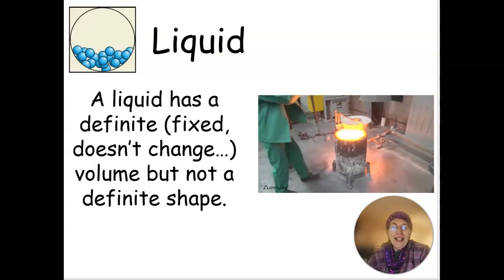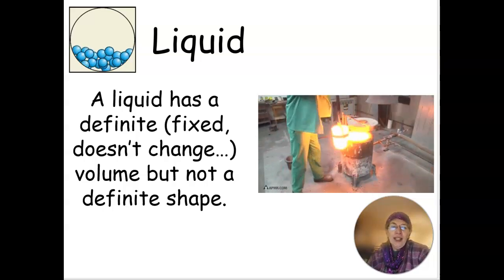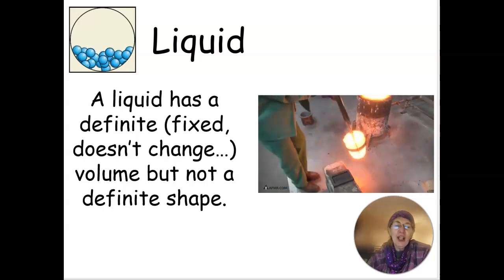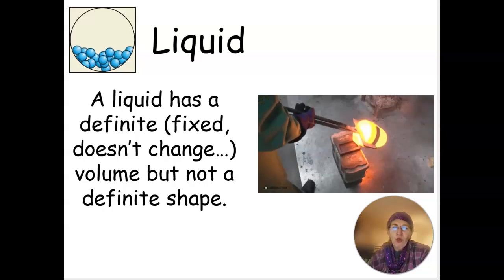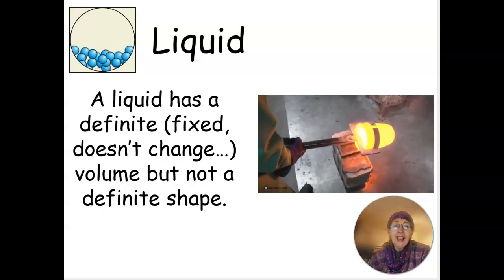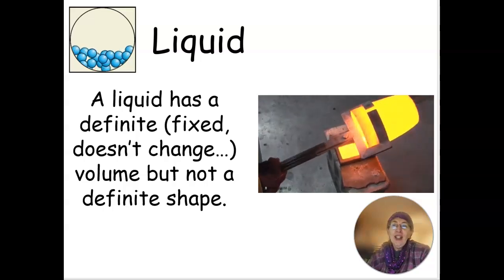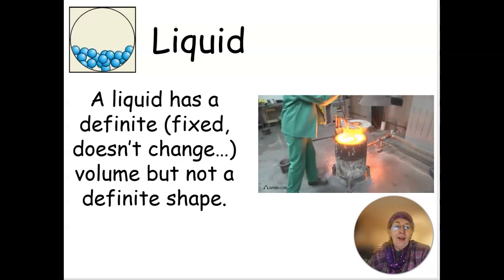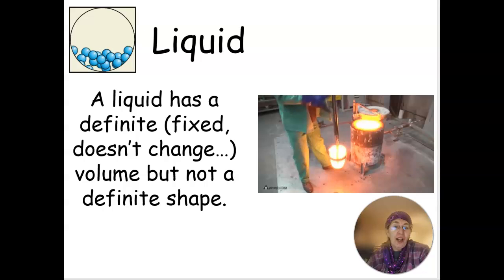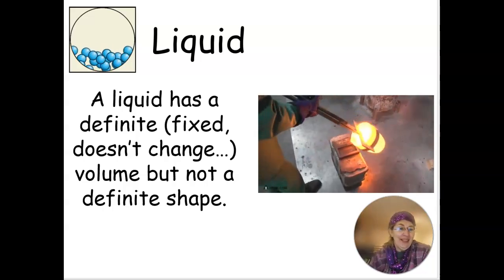And so you can see that to make gold be a liquid, we had to heat it really, really hot to get those atoms to break away out of that rigid structure. And then that liquid pours or flows out of that container into the mold that the technician has here. And so as that liquid gold loses energy and cools off, it'll go from being a liquid to a solid.